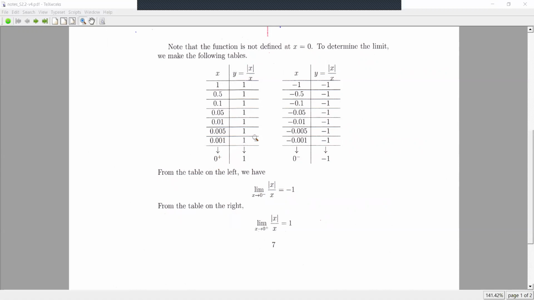So this table suggests when x approaches 0 from the right, function approaches 1. In notation, the limit of this function as x approaches 0 from the right is equal to 1. The book calls this limit the right-hand side limit of the function at 0.